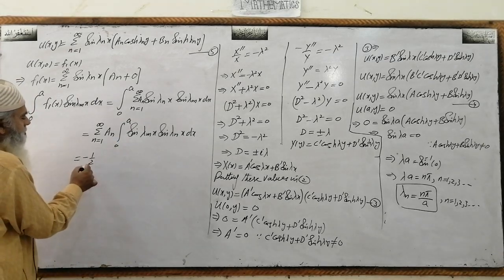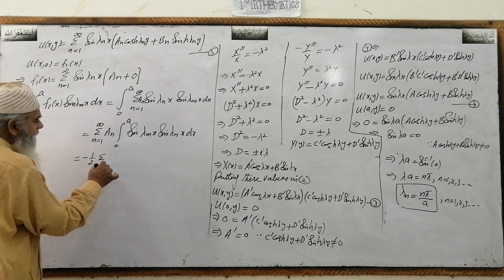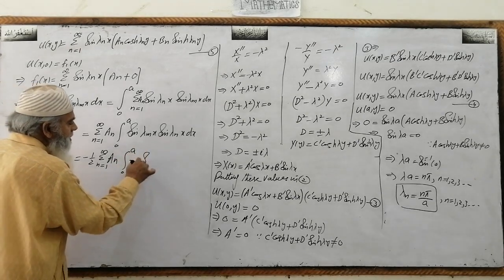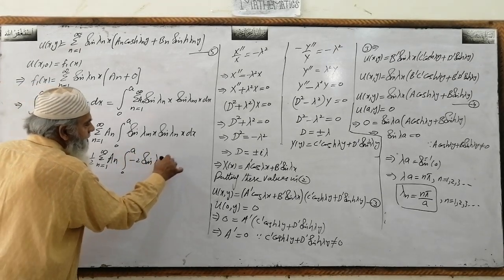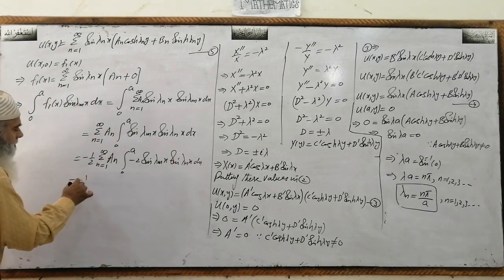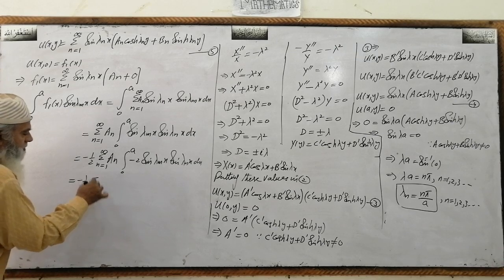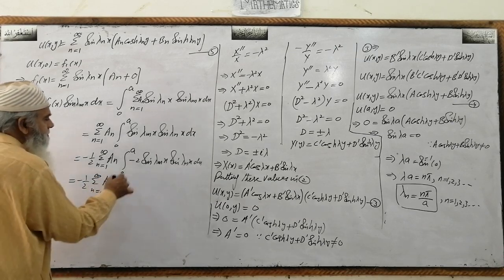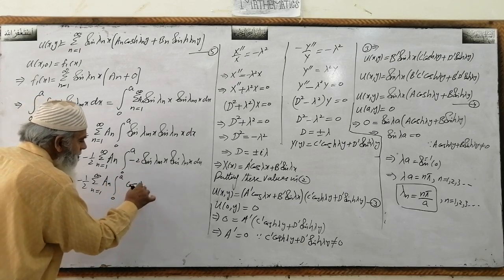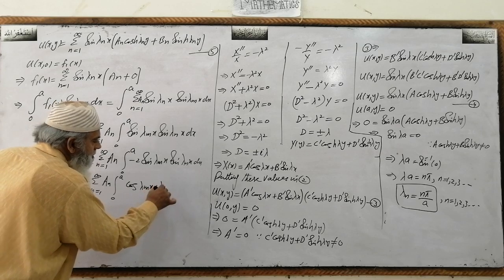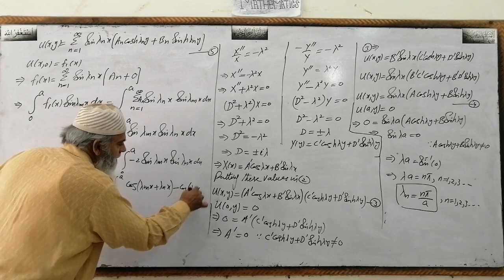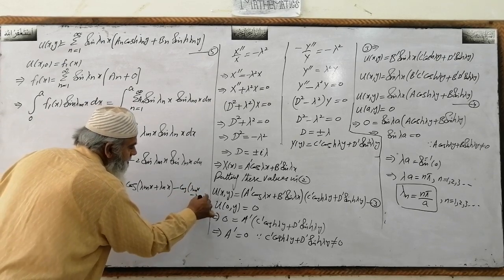Therefore we are dividing by minus 2. Sigma n varies from 1 to infinity a_n integral 0 to a minus 2 sine lambda m x sine lambda n x dx, and this will become minus 1 by 2 sigma n varies from 1 to infinity a_n integral 0 to a. This will become cos of lambda m x plus lambda n x minus cos of lambda m x minus lambda n x dx.